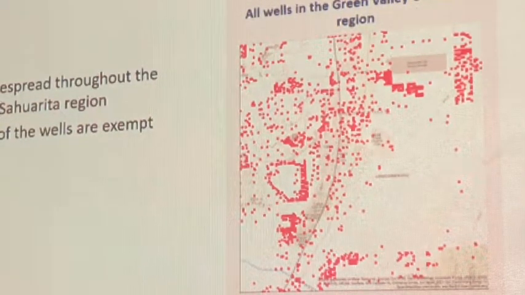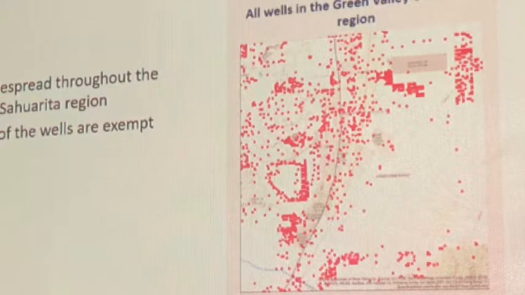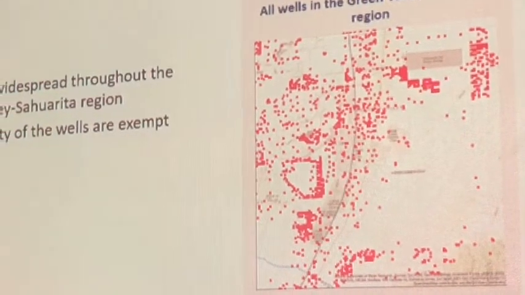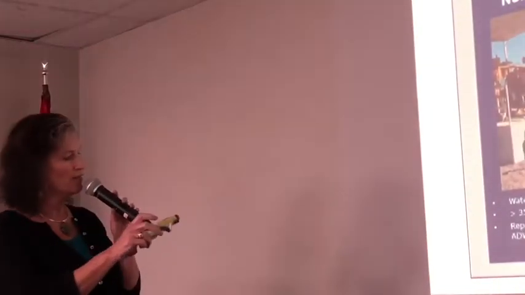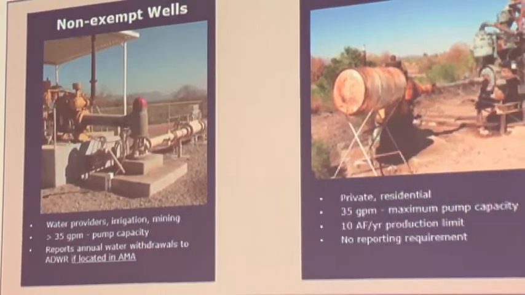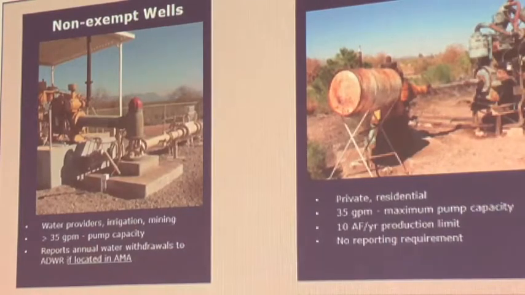Now the majority of these wells are something that we call exempt. And I'm going to explain to you the difference between an exempt well and a non-exempt well. So these are non-exempt wells. They're public utility wells, water provider wells. They generally pump more than 35 gallons per minute, and they have to report all their water usage to our statewide water agency, the Arizona Department of Water Resources, who looks at the water resources all over the state.